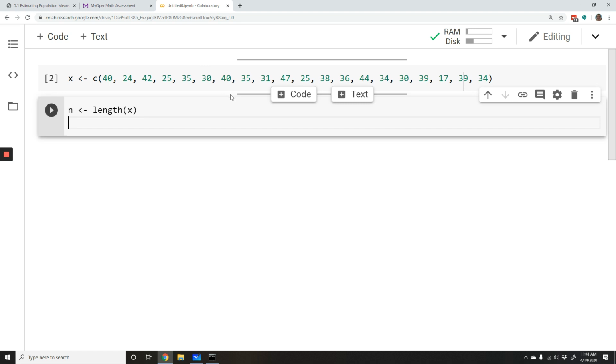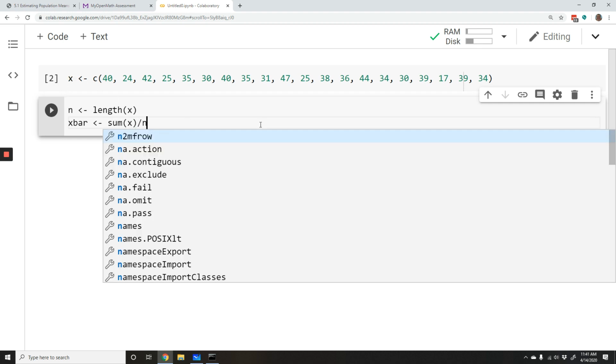So I've got my n, and my sample mean x bar is just going to be the sum of all those data values. I'll add them up by calling the function sum on x, and then divide by how many there are, which I've stored in variable n.